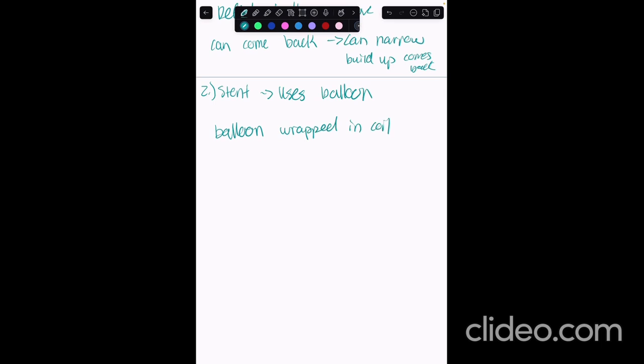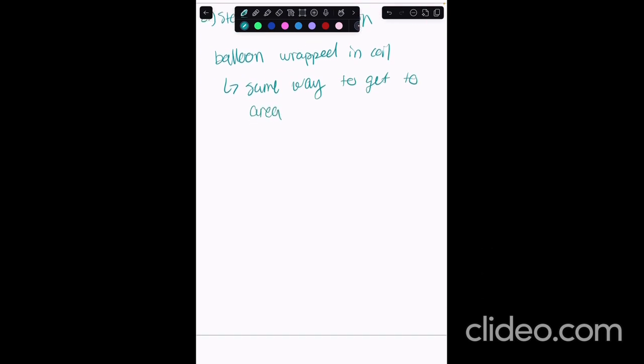And what they do is they go through the leg. Same procedure, same way to get to the area. And what they're going to do is, where that buildup or narrowing is, they're going to blow up the balloon.